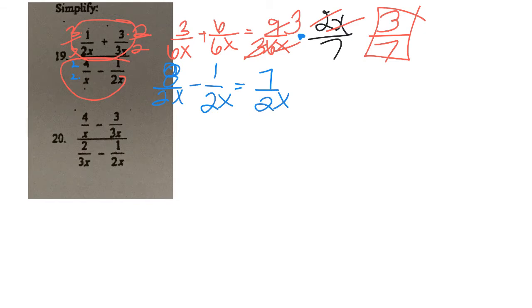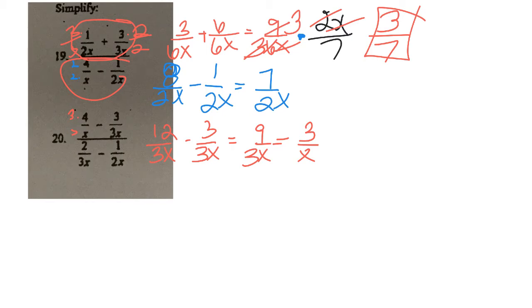Going to do the same thing on number 20. We're going to multiply this fraction by 3, so I can make my denominator 3x. So I get 12 over 3x minus 3 over 3x, which is 9 over 3x. Let's reduce that some more, which is 3 over x, because 3 goes into 9 3 times.